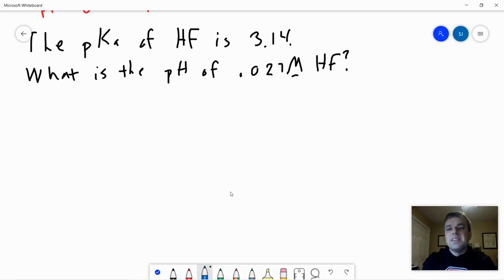So if you want to find the Ka, it's 10 to the negative 3.14. And so if we do 10 to the negative 3.14, that would give us a Ka of 7.2 times 10 to the minus fourth.